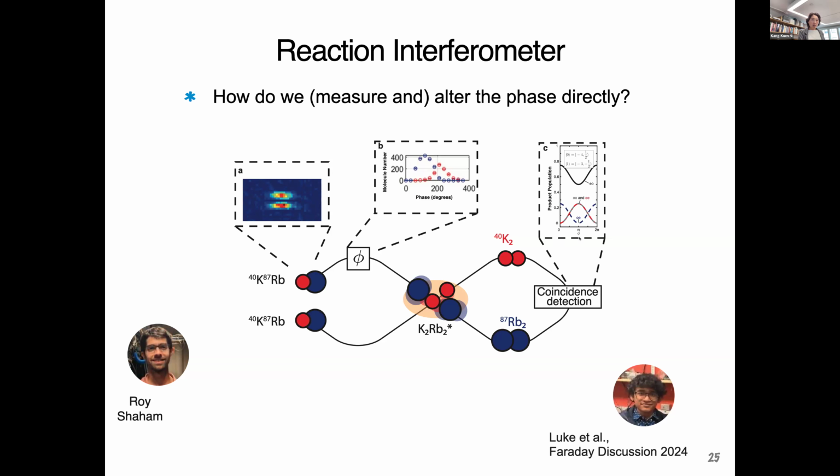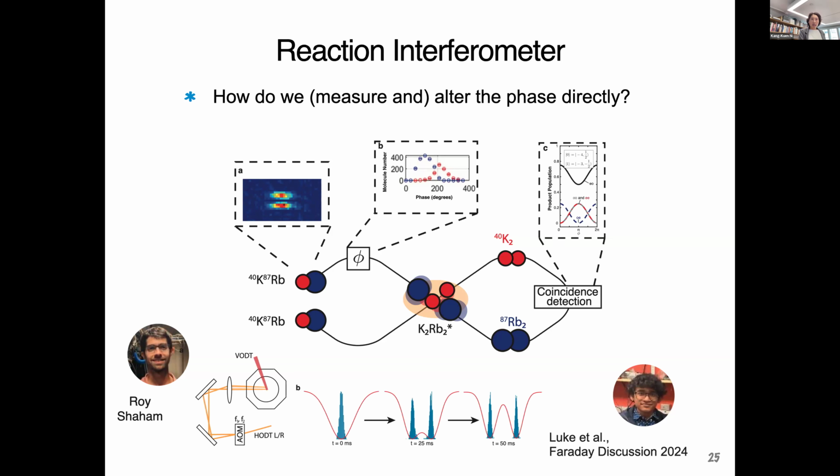I'm not going to get into the detail. We're just beginning to take data on this. It's not the same as actually measuring the phase of the outcome, but we deliberately change the phase initially for the collision, and we're looking at what the outcome would be to learn more about what actually matters in these reactions.